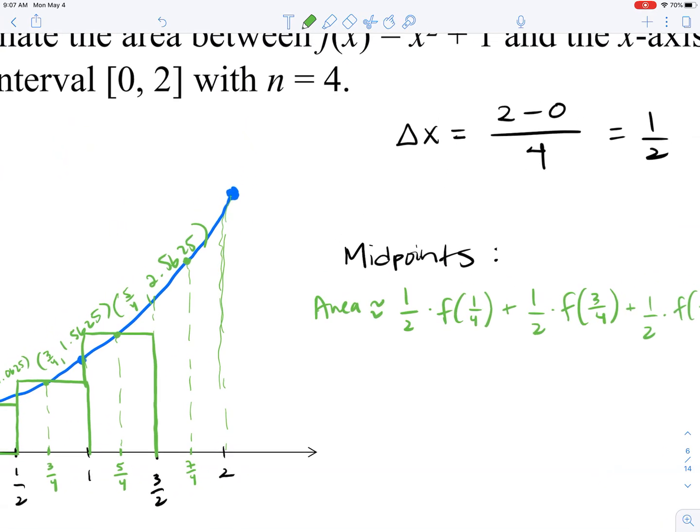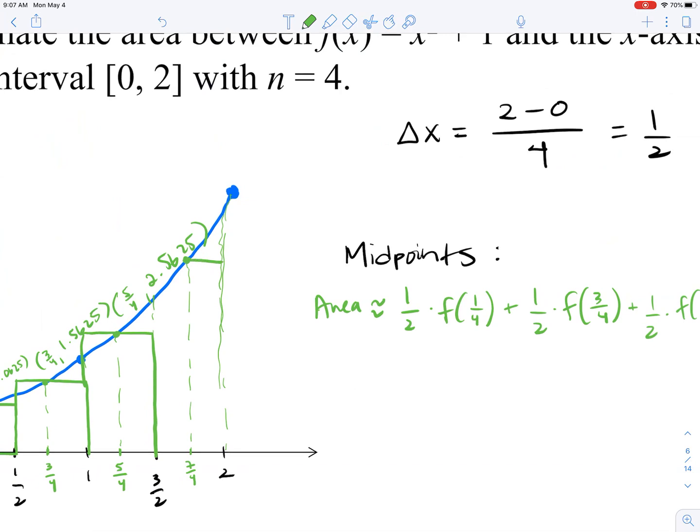And our last subinterval, 3/2 to 2, 7/4 is going to be the midpoint on that subinterval.